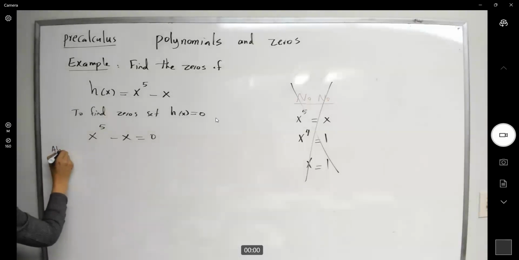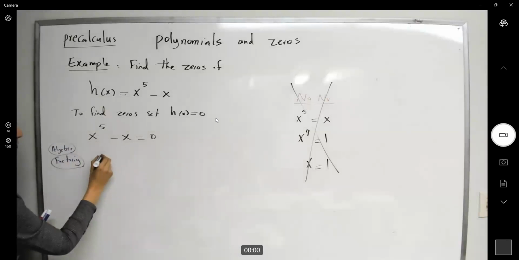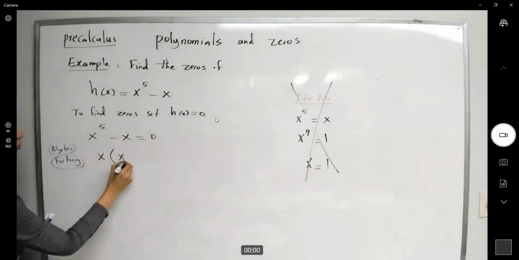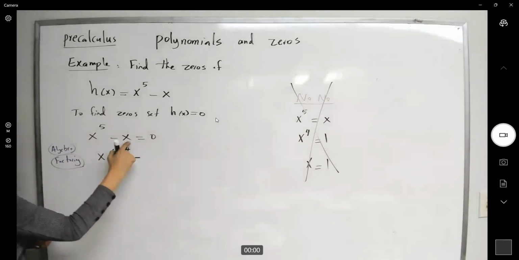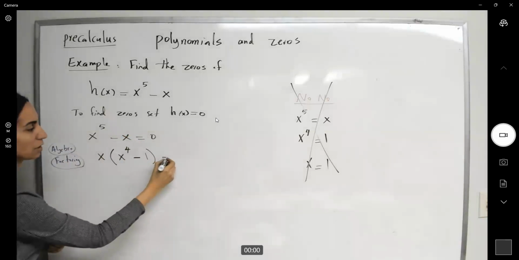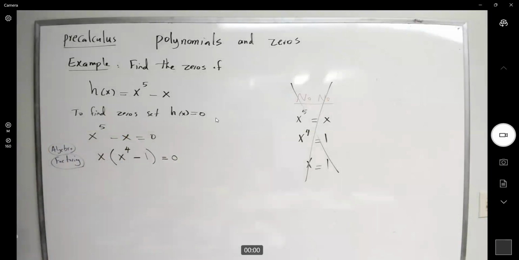Algebra, factoring. Well, okay. How do I factor out? I can factor out x. What's left? X to the fourth is left, minus, if I factor out x from this expression, I'm left with 1, equal to 0. So how many options do I have?